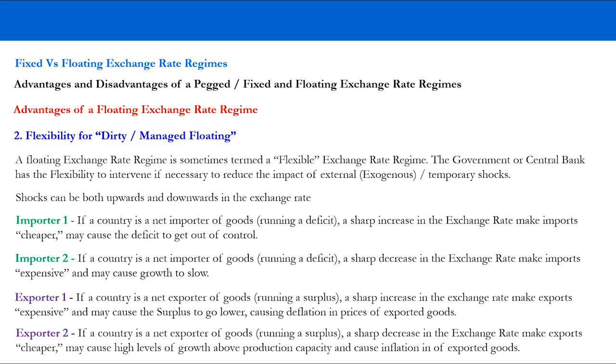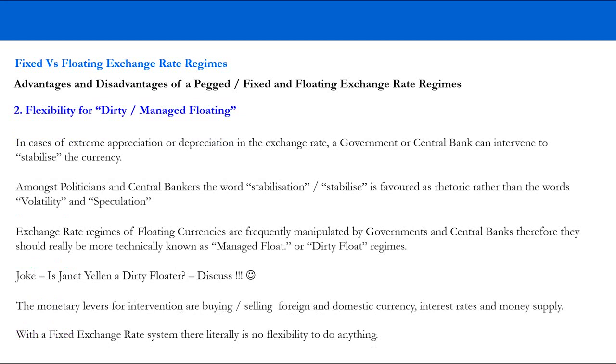And it all depends on the situation that you as a country are in. But essentially, because these shocks can occur, the ability for central authorities to go into the foreign exchange market whenever they want can be advantageous because they can readjust the currency and they don't have to adhere to a strict and stringent rulebook.